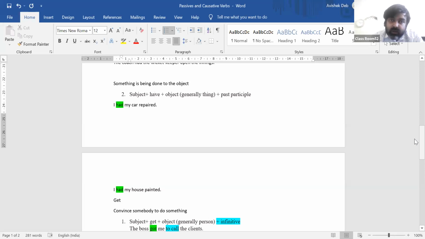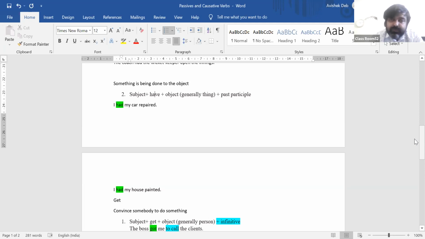Here cut off is a phrasal verb, but it is also in the past participle. I had my cable connection disconnected. Disconnected is not the second form. It is simply the past participle.